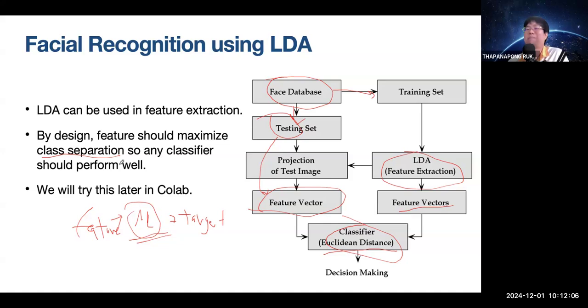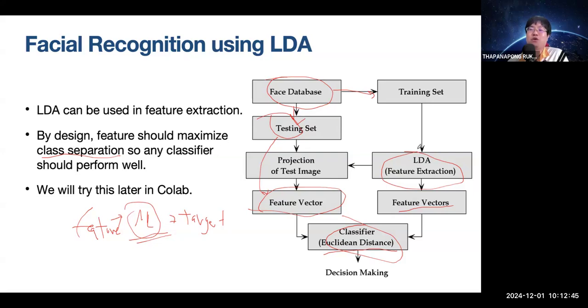So LDA is a mix of unsupervised and supervised, right? So you can use the target as the input for the dimensionality reduction. But instead of thinking of it as dimensionality reduction, you can think of it as feature extraction. So there are many ways to think about it. When you map something from the original space into a lower space, you get some feature.